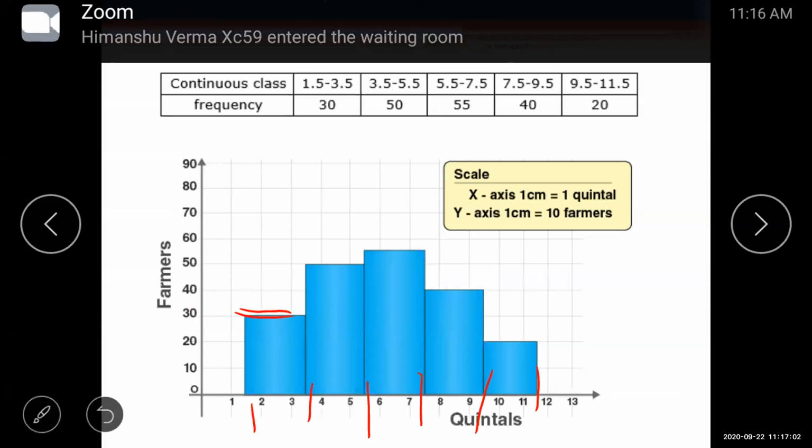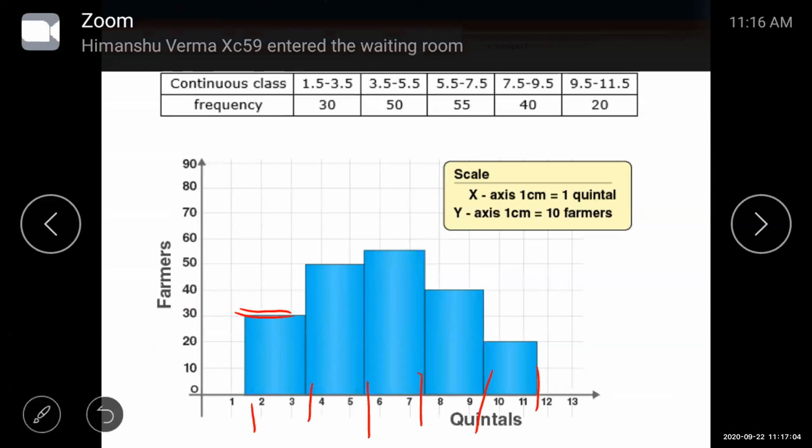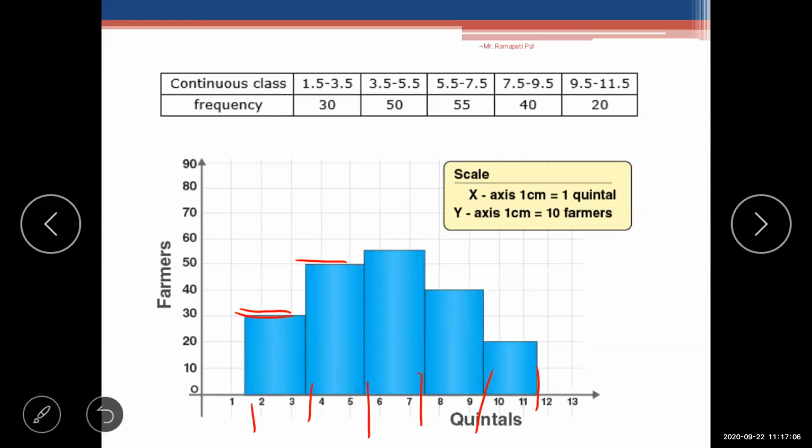Now 5.5 to 7.5, 55, present between 50 and 60. Yes or no?